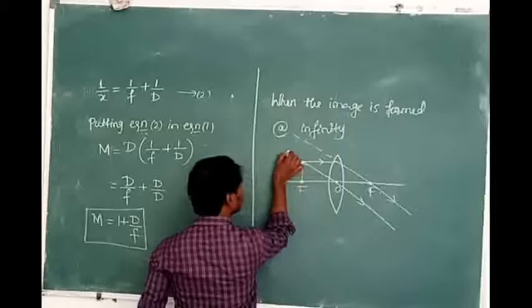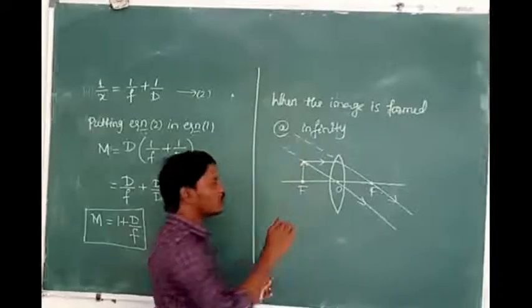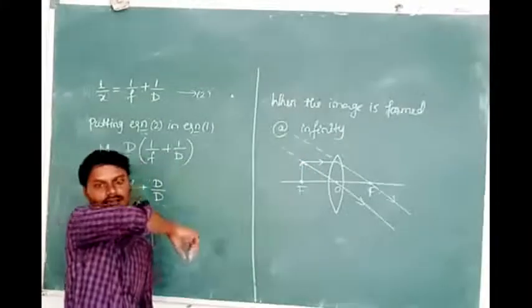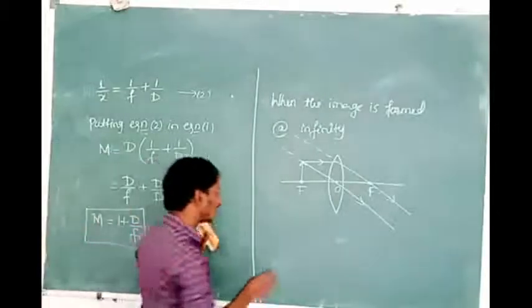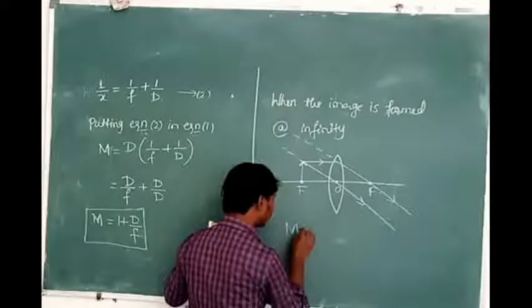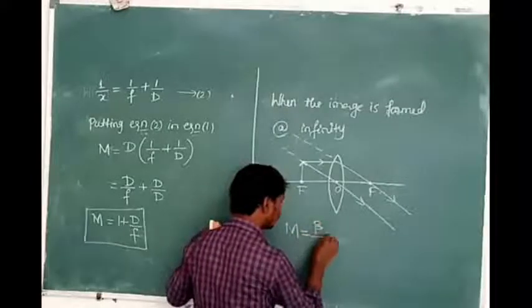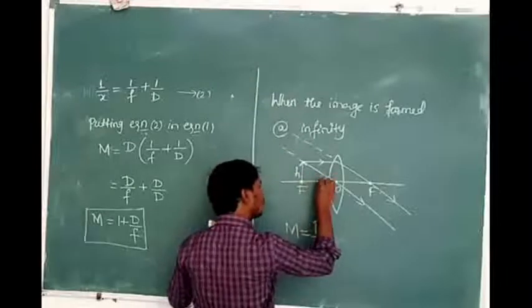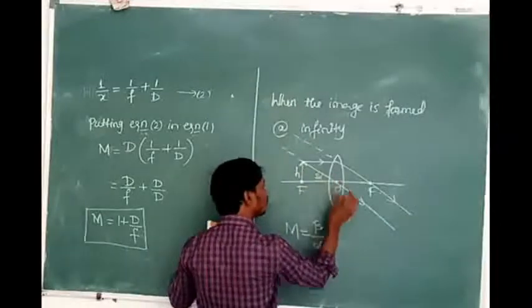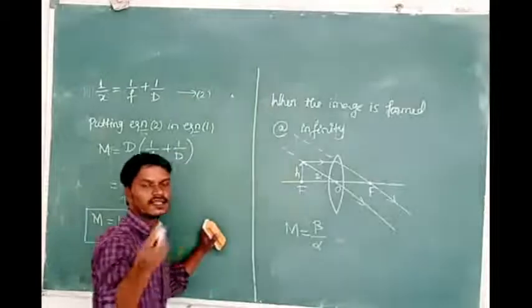They will meet at infinity, means the image is formed at infinity. Now what is the magnification power? So we can write m is equal to beta by alpha.